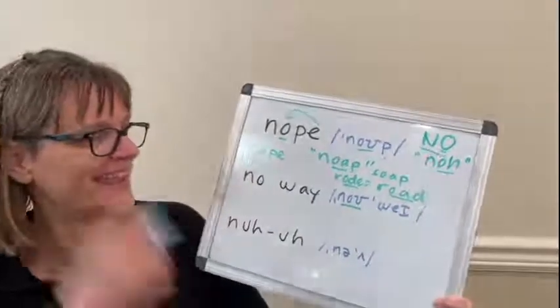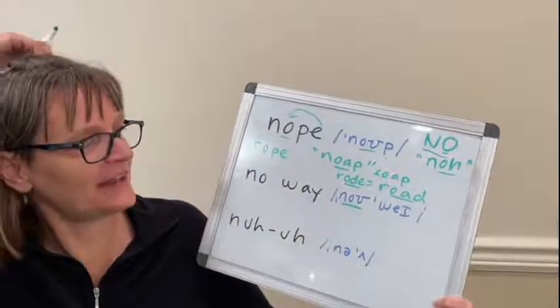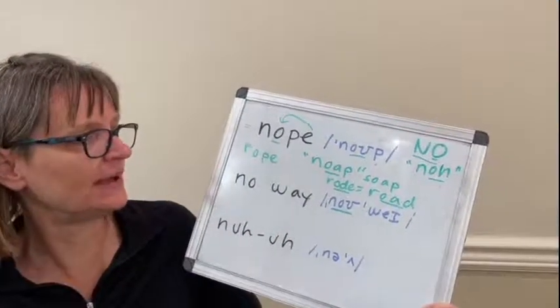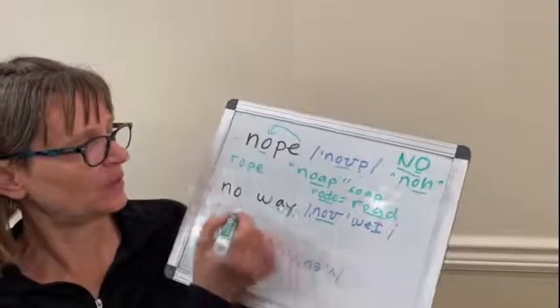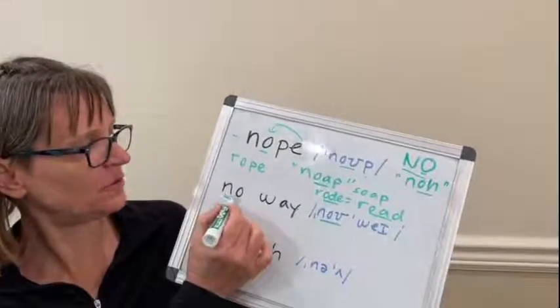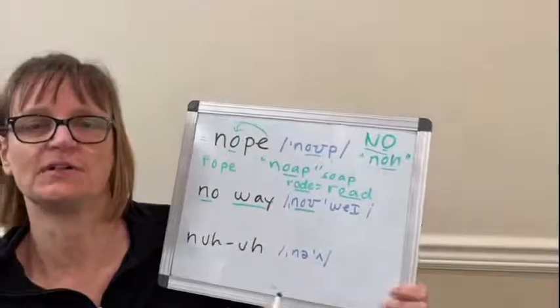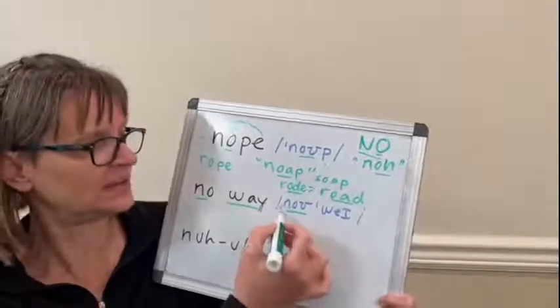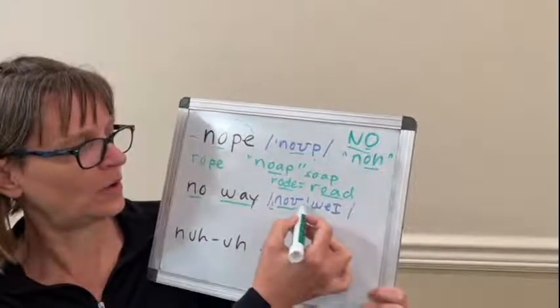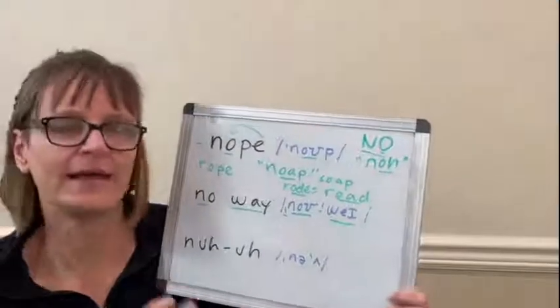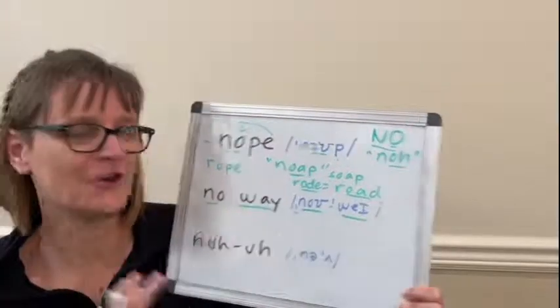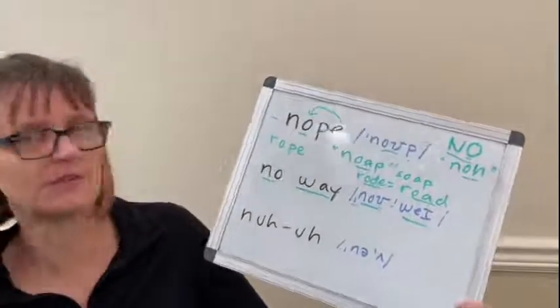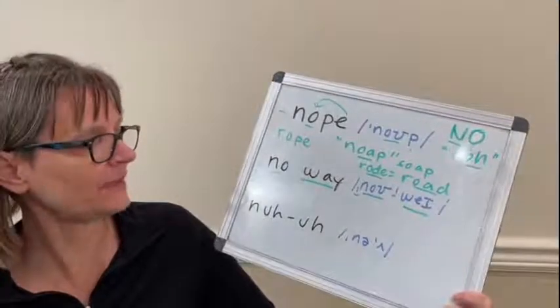No way. There's not anything too tricky about pronouncing no way, except that we tend to stress both words, and the primary stress is on the way. You can see how I've marked that here. No way, no way. Way is a little bit more important than no in this phrase. There's no way I'm doing that.